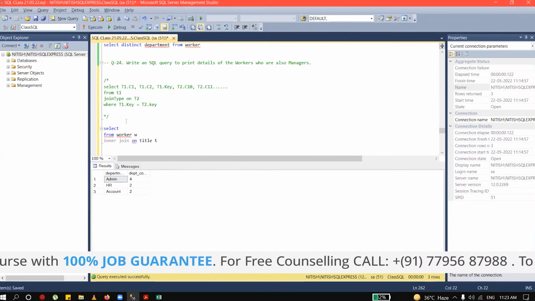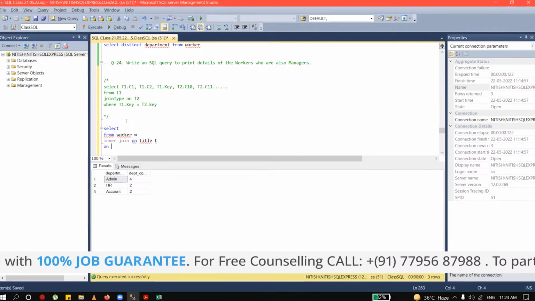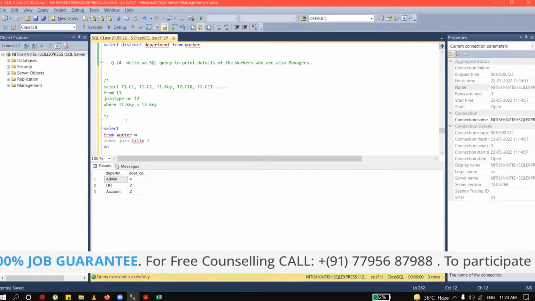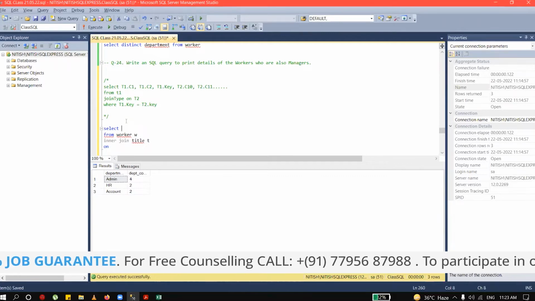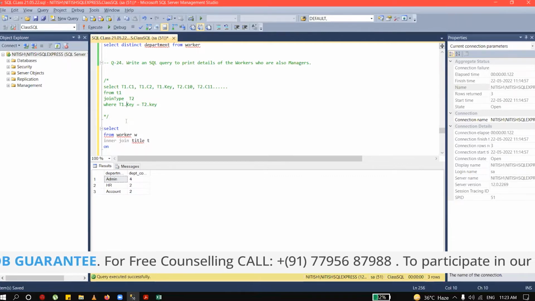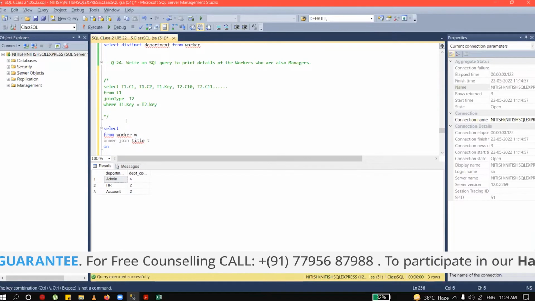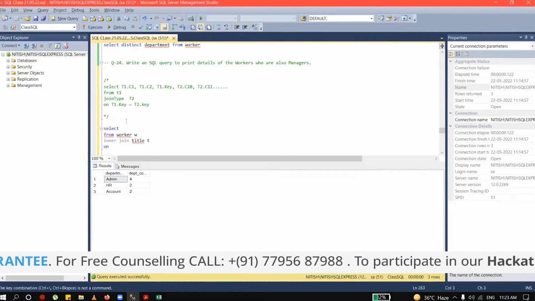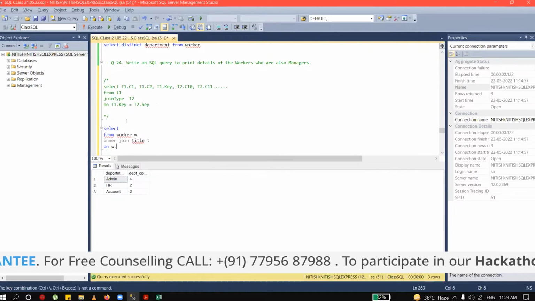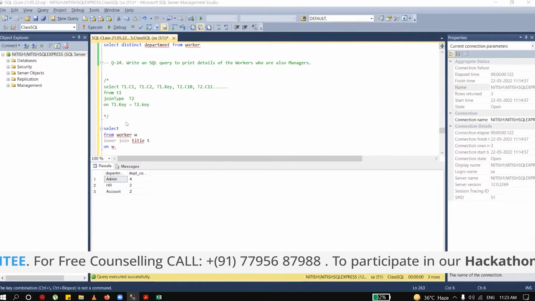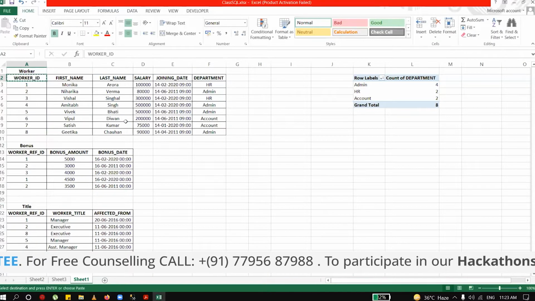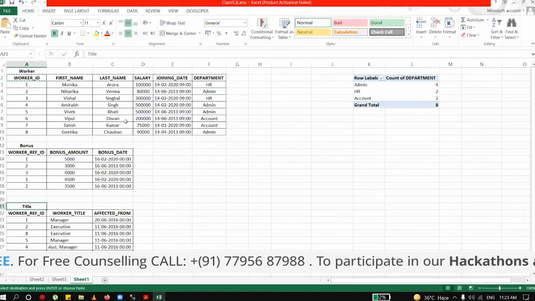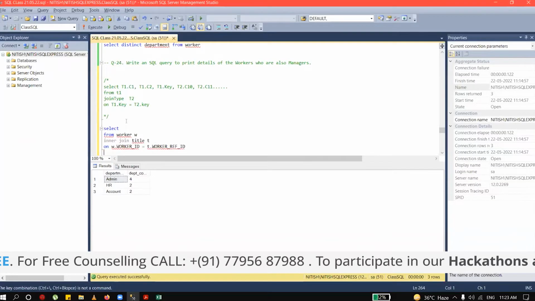I will take it as T. What I'm looking for on the inner join here will be on W dot worker ID is equal to T dot reference worker ID.